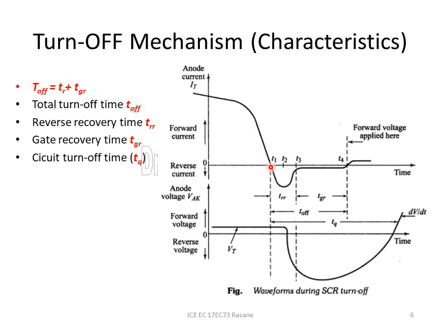But the current will not stop at 0 and will continue to flow in the reverse direction. And this reverse direction in fact helps us bring the junctions that were disturbed during the on time back to their original state. We have three junctions, J1, J2 and J3. So this reverse current helps the charges to recombine.